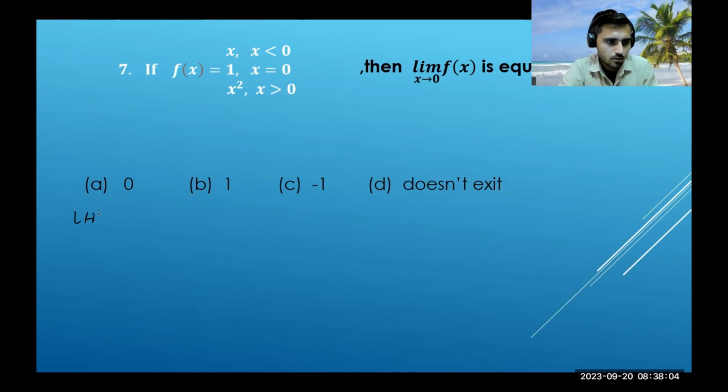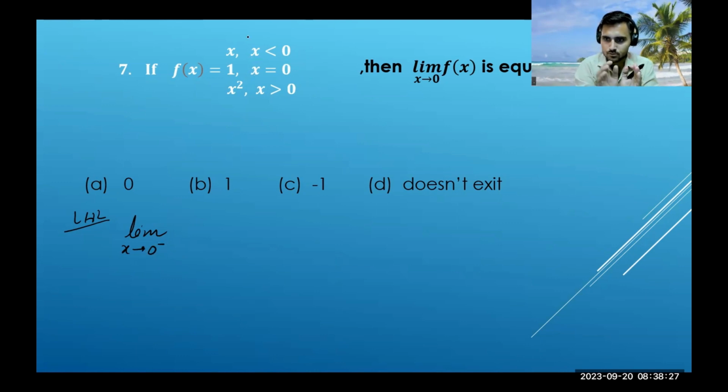So for LHL, limit x tends to 0 minus, because we are going to check the limit at x equal to 0. So we will take x tends to 0 minus, and 0 minus means a value just less than 0.